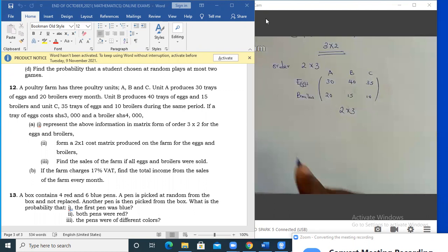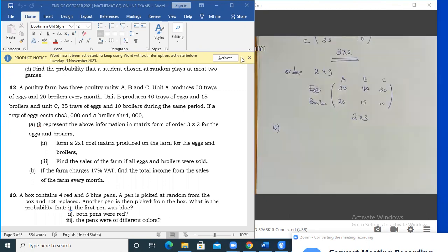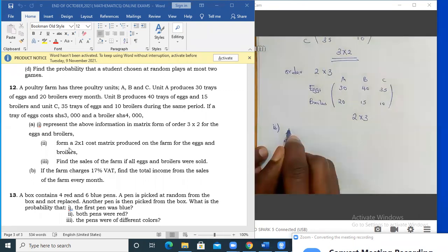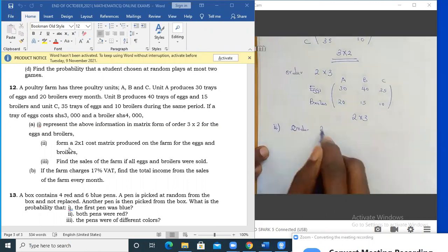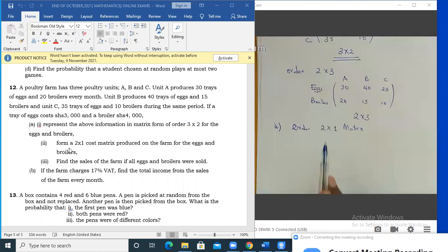Go to Roman 2. What do they want in Roman 2? Form a 2 by 1 matrix. So where will the 2 come from? From the products. Then the 1 will come from the cost, not so?